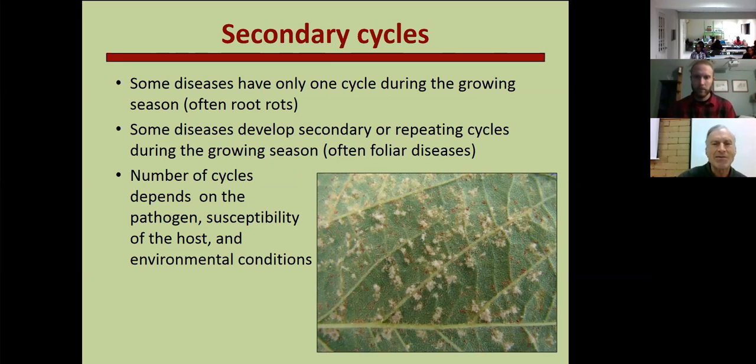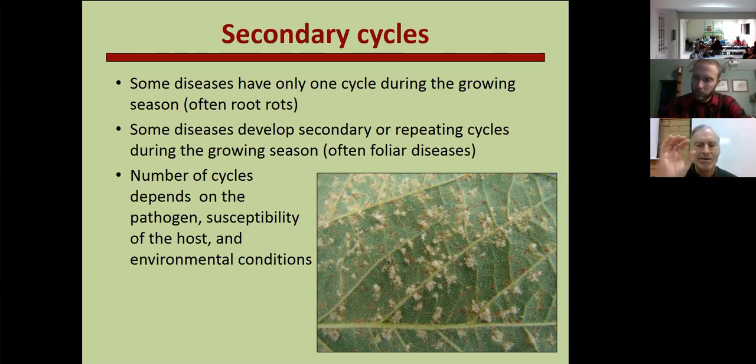Some diseases have only one cycle during the growing season. So, you know, once the plant's infected, plants only get infected once during the season, and then there's not a disease problem until the next season. But some diseases, you can have repeating cycles during the growing season.